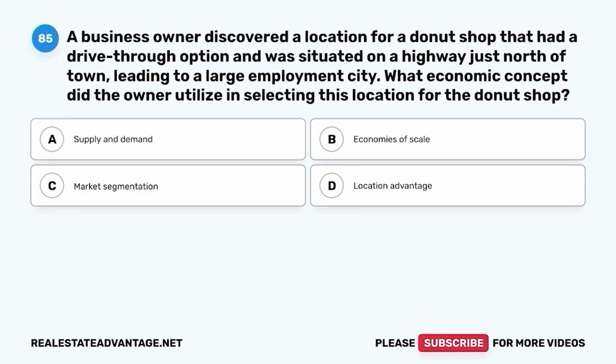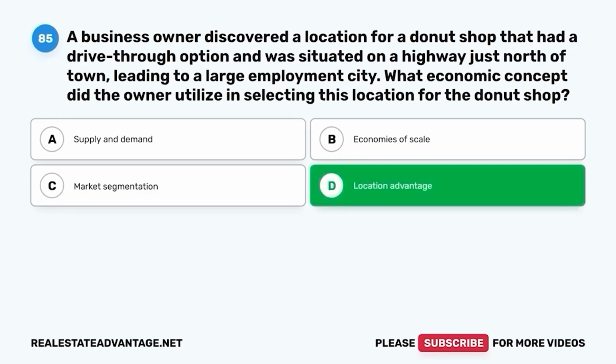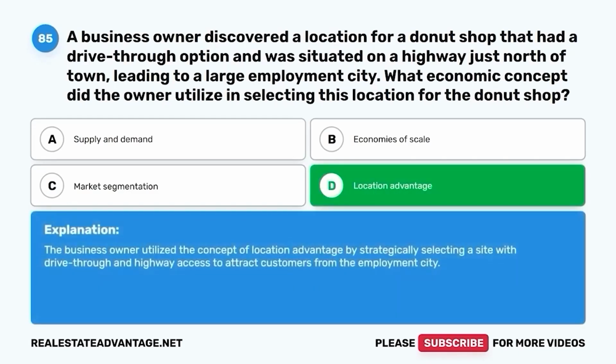B. Economies of scale. C. Market segmentation. D. Location advantage. The correct answer is D. Location advantage. The business owner utilized the concept of location advantage by strategically selecting a site with drive-through and highway access to attract customers from the employment city.